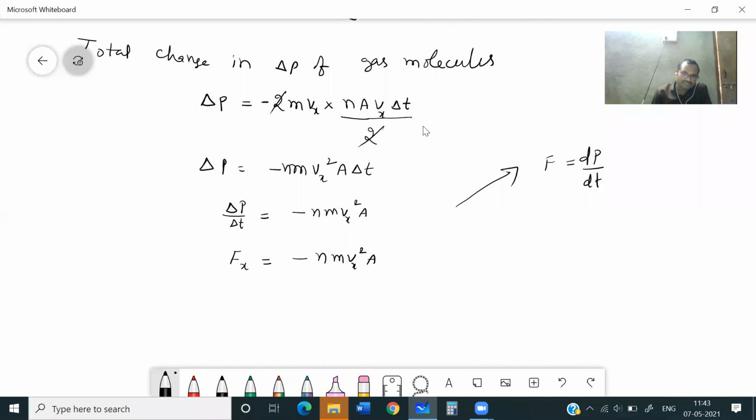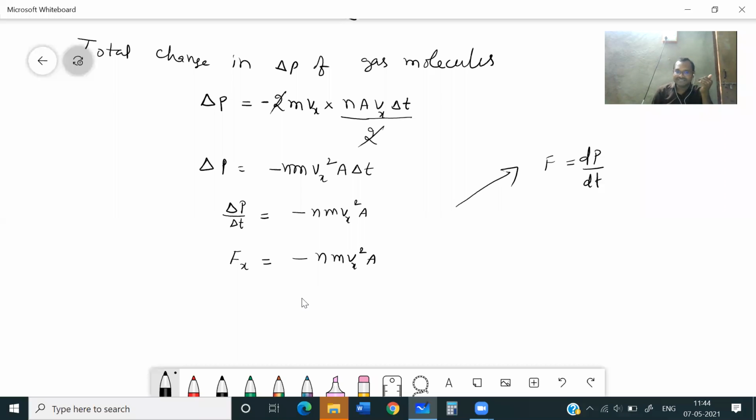Now let us take area also that side. You'll get Fx upon area is equal to, before taking area that side, let us first write this, what is this, no? Fx is equal to minus n m vx square into A. This is the force exerted by the gas along x-axis. Means according to Newton's third law, for every action there is an equal and opposite reaction. That means the walls also exert some opposite force.